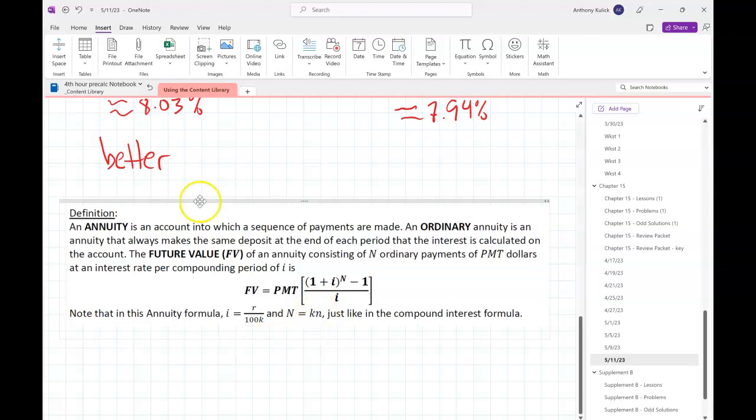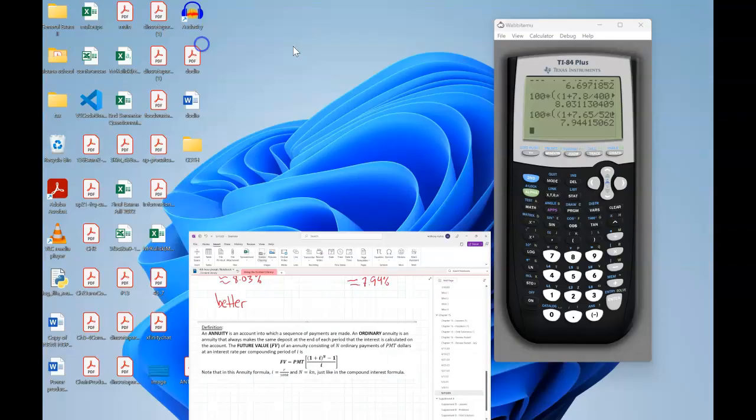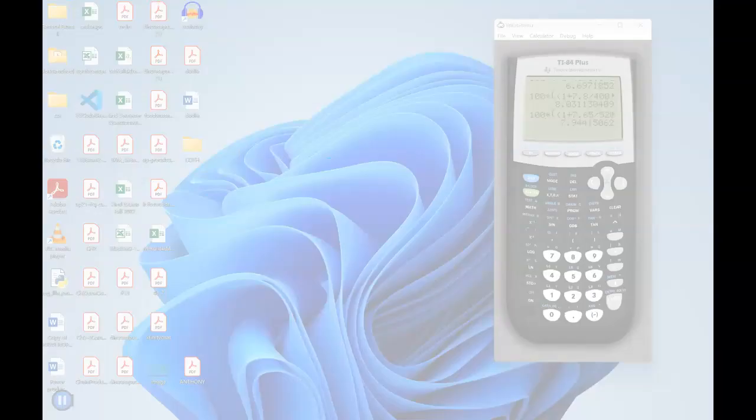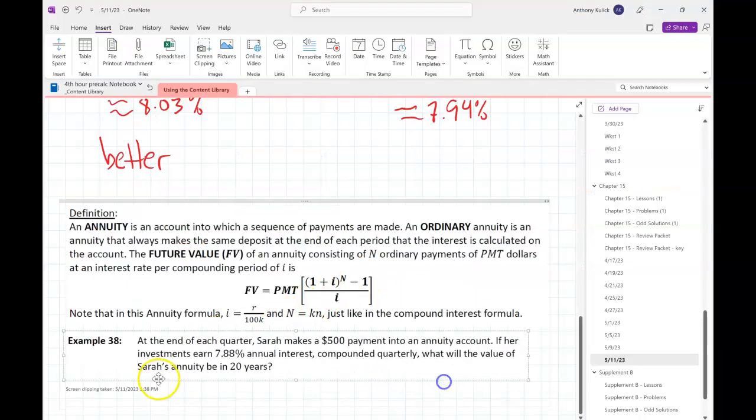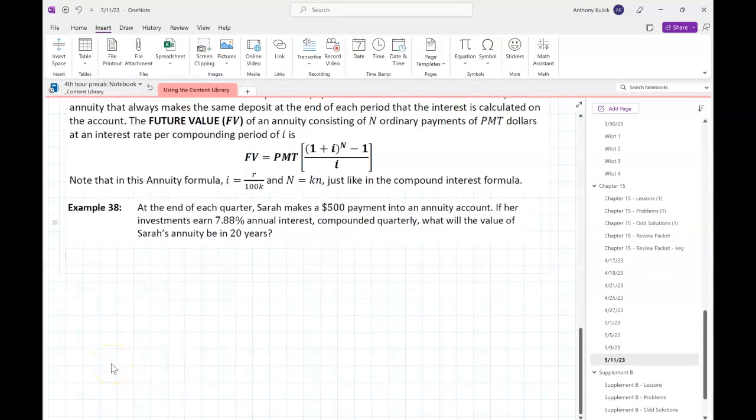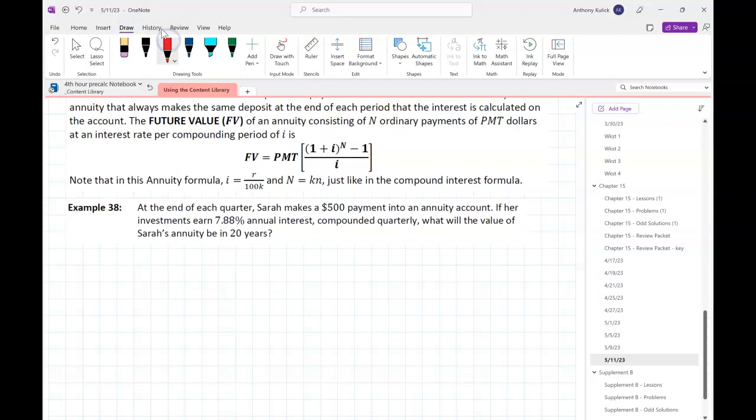So let's take a look at a numeric example. At the end of each quarter, Sarah makes a $500 payment into an annuity account. Again, we see annuity account, so I know the formula I'm using.